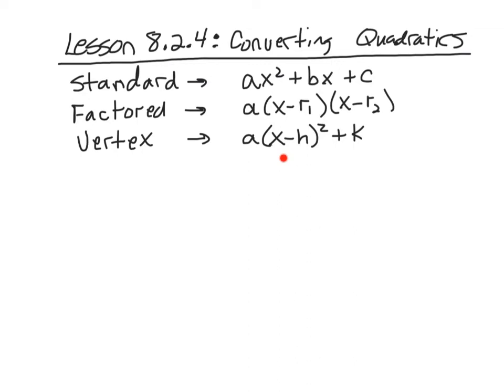And then finally, our vertex form, a times the quantity x minus h, quantity squared, plus k, where we've learned that the h comma k is the vertex of our parabola, and from that we can find our line of symmetry and our minimum or maximum of the quadratic graph.